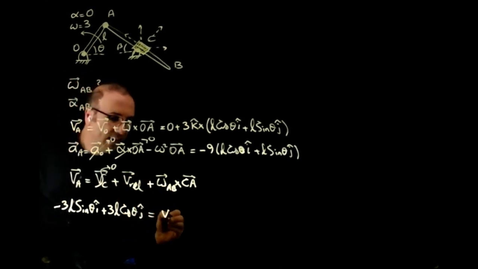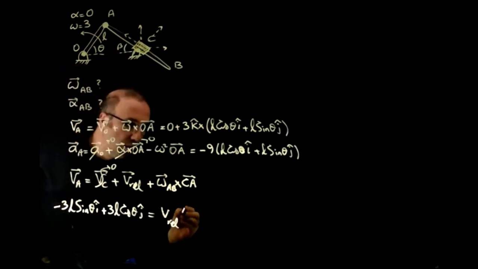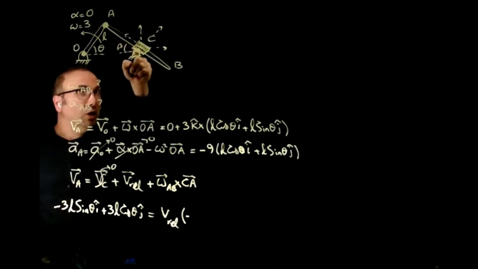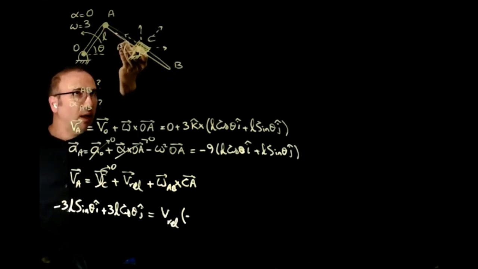We don't know the magnitude, but we know the direction. So I put VREL, the magnitude, and the direction would be, let's say I pick this vector. I can pick this vector as well. Either this vector or this vector. If VREL would be positive at the end, it means that it was along that line.